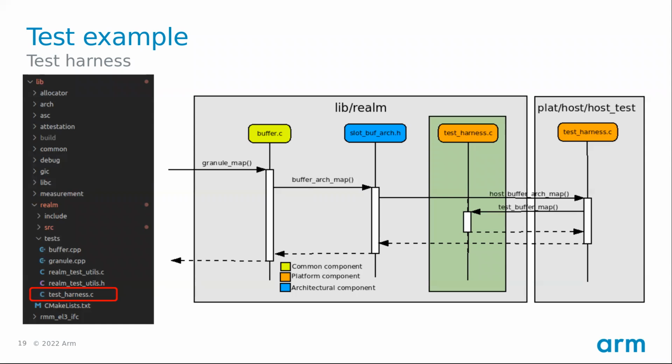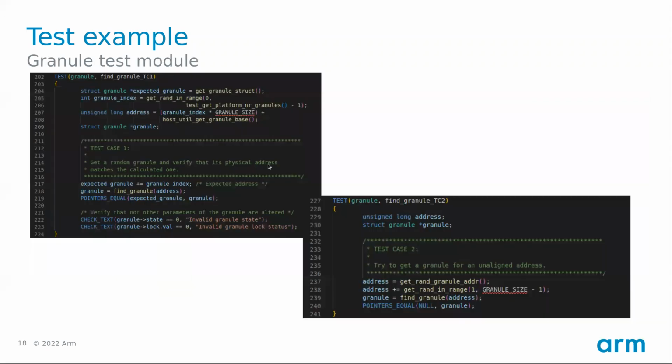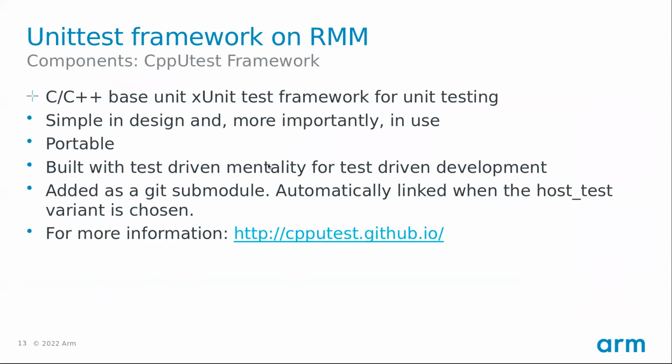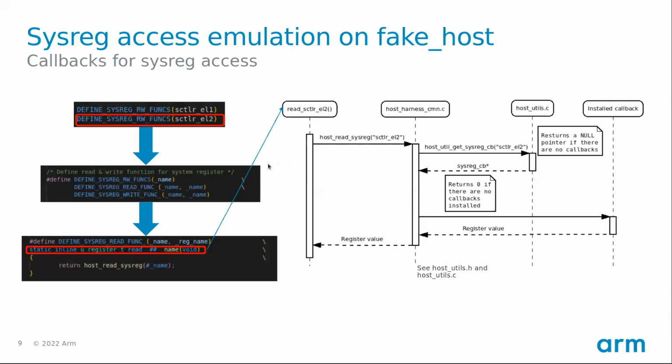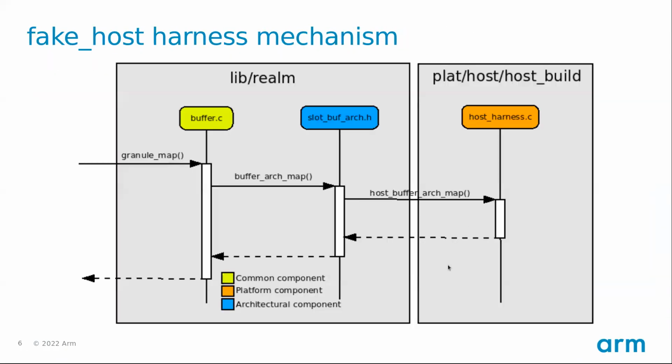Remember that in that case, I'm going to go back so you can see it again. So if you remember here, granule map called buffer arc map, and then in turn called host buffer arc map, right? And this is part of the host build variant.